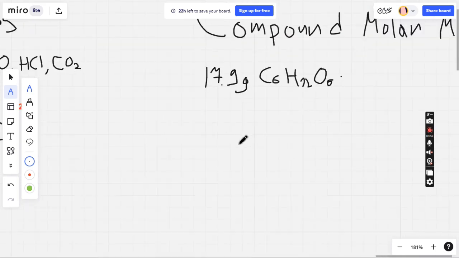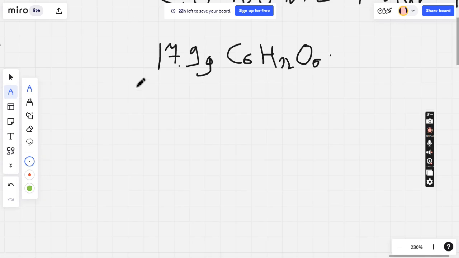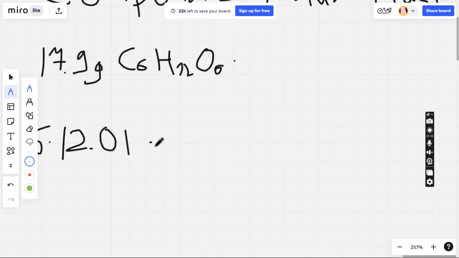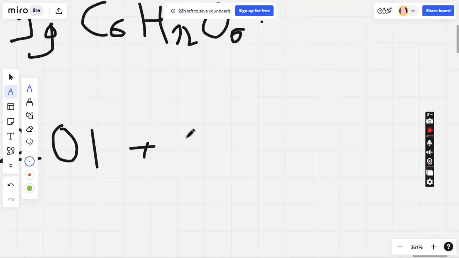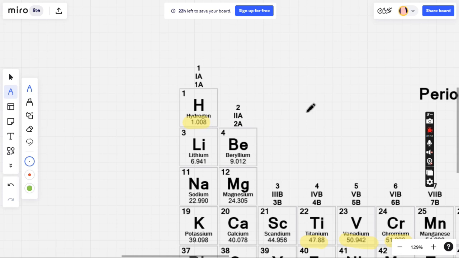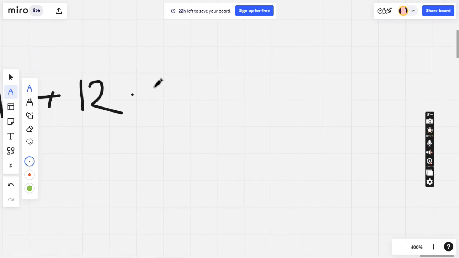So let's go to the periodic table again. Carbon is 12.01, so let's round that. It would be 6 times 12.01, plus H12. Let's go back again: 1.008. So it would be 12 times 1.01.